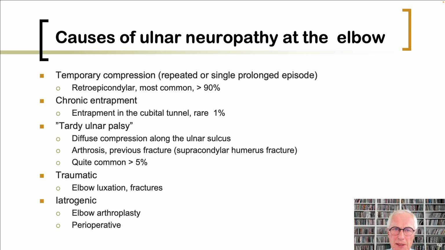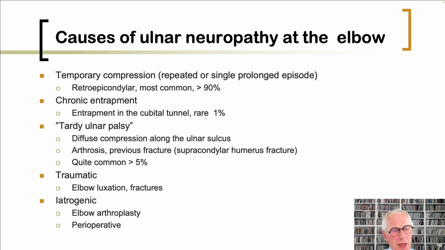In my practice, the most common kind is caused by temporary compression. That may be a single prolonged episode or repeated episodes that accumulate and cause a neuropathy. About 90% of the ulnar neuropathies are caused by temporary compression. We do see chronic entrapment in this region, but it's quite rare.